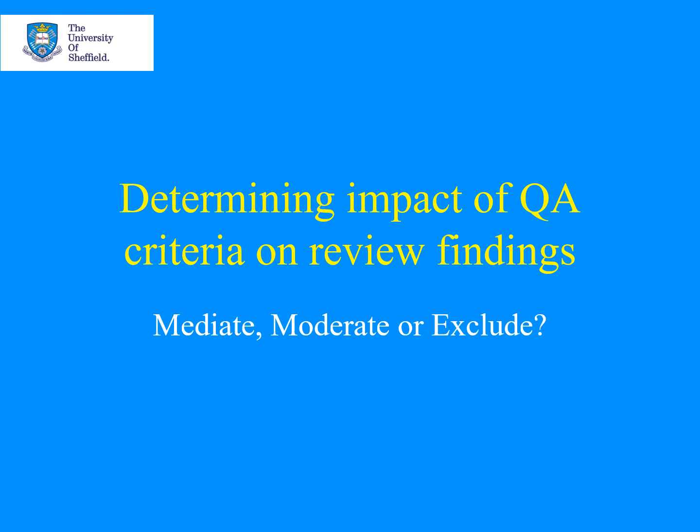So mediate would be where we look at the effect of a particular criteria, and through something like, for example, multiple regression analysis, we look to see the extent to which a criterion might explain away a difference in results. Moderate is a more qualitative judgment of cautioning our findings in the light of the uncertainties around the quality, and then the most extreme position is to actually exclude studies on the basis of quality.